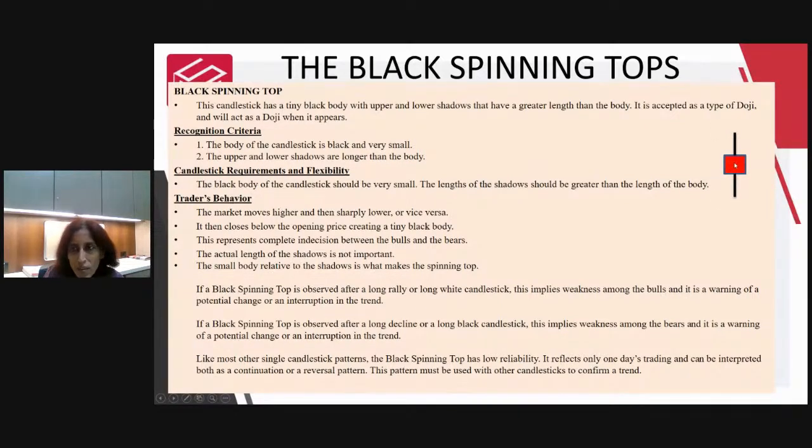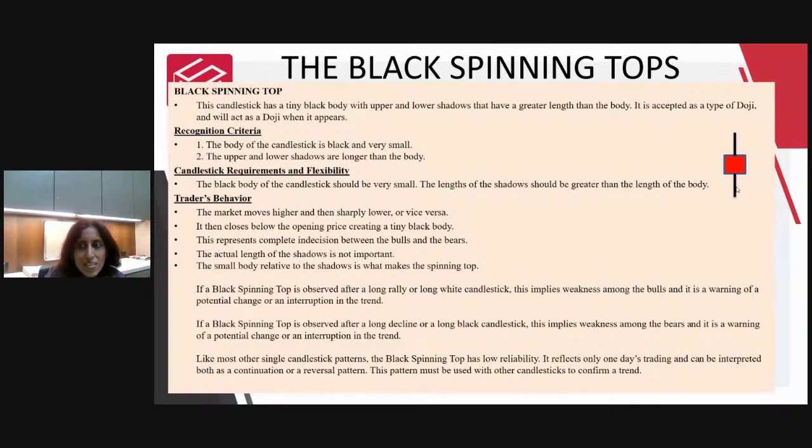And this again indicates what? Since it is red or black, whatever the color thrown by the software, it shows a spinning top. The real body is small, and the upper and lower shadows are longer than the real body.